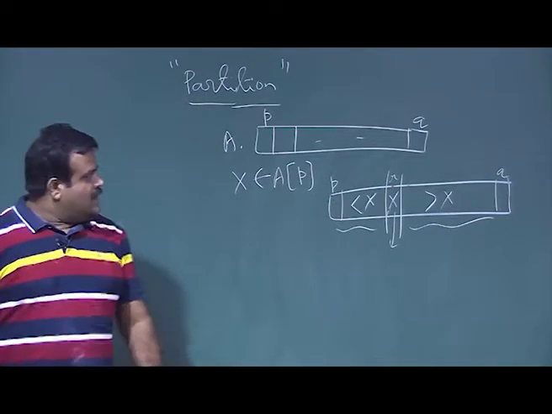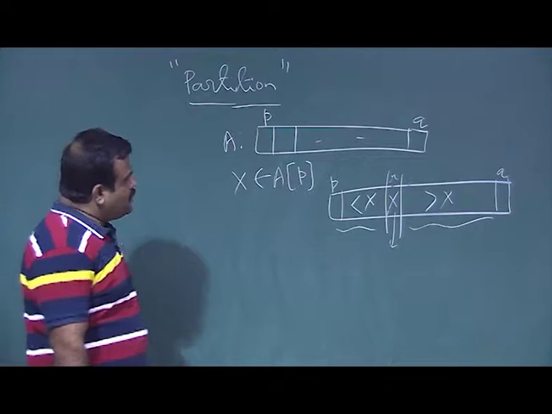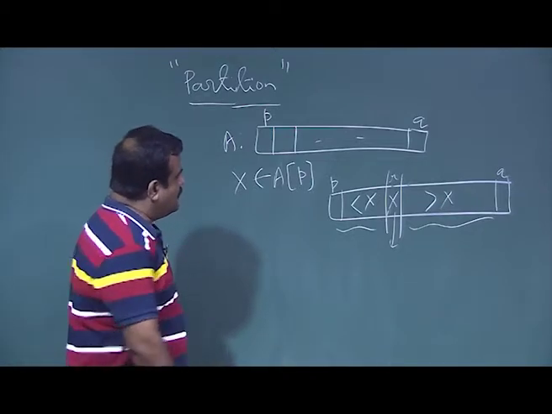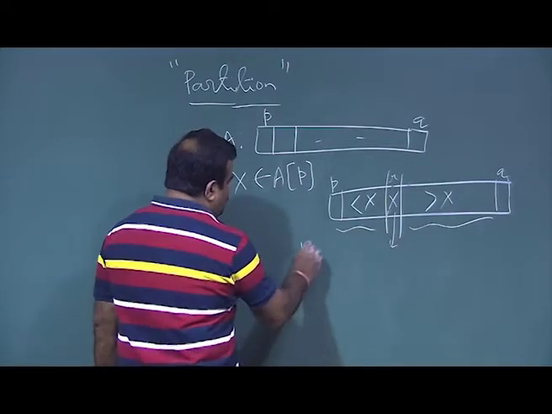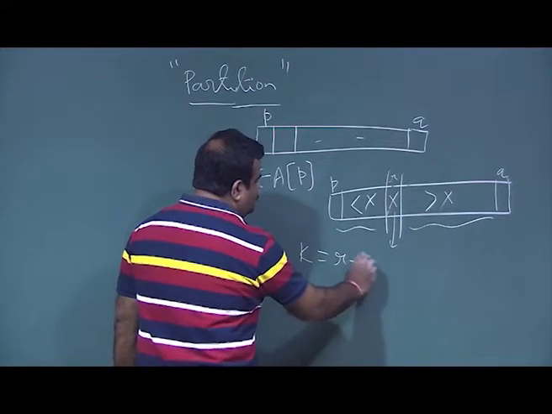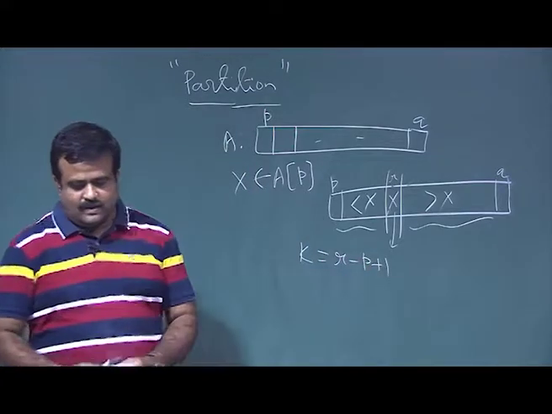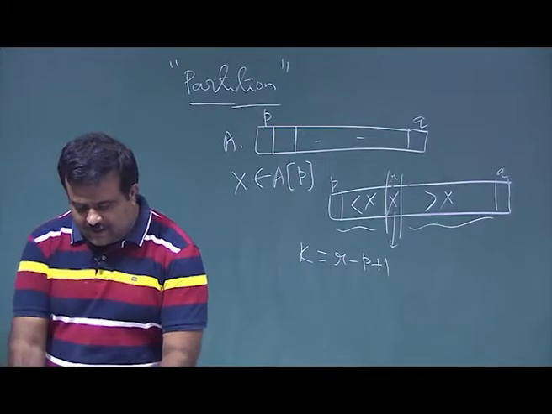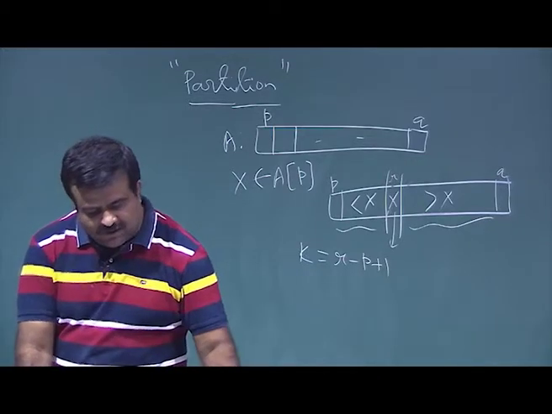Okay. Now, if we define k equal to r minus p plus 1, can you tell me what is the meaning of this k?